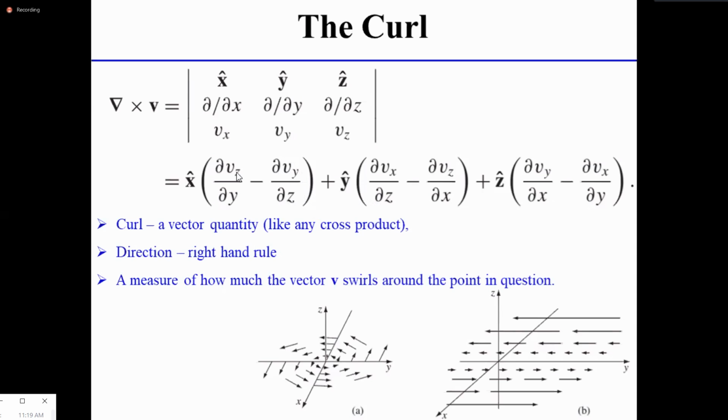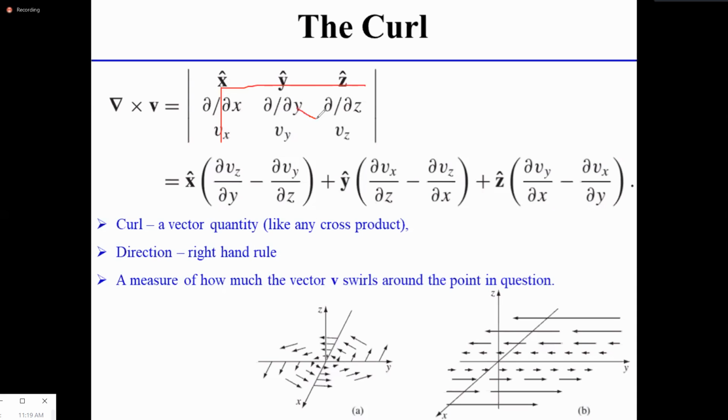Just a moment. Vz into del V by del y minus Vy into del V by del z, x cap. If you take x cap, then obviously this will go away.